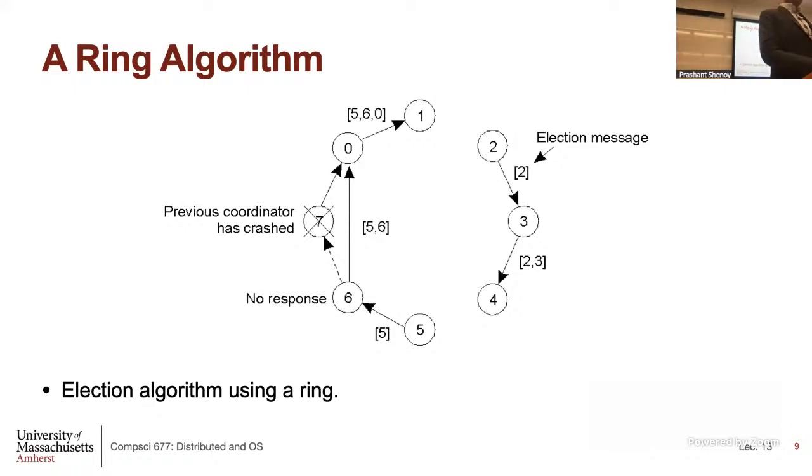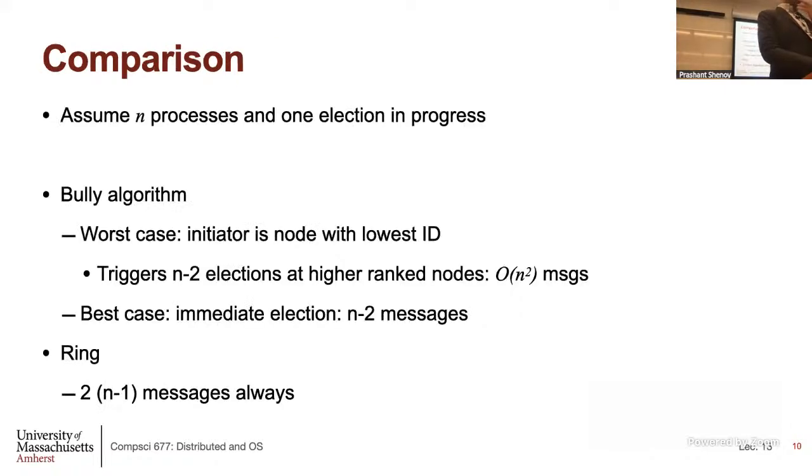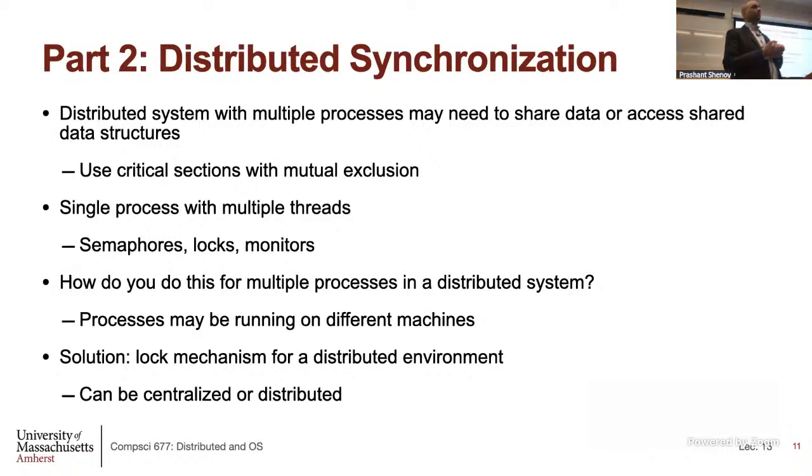Okay. All right. So we talked about two techniques. Let's talk now about distributed synchronization, which is locking based approaches. So here we are going to think about how you implement a distributed lock. You all know what a lock is. You typically use a lock in a single process, right?